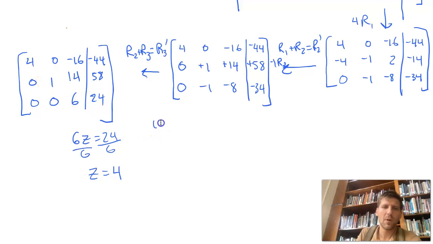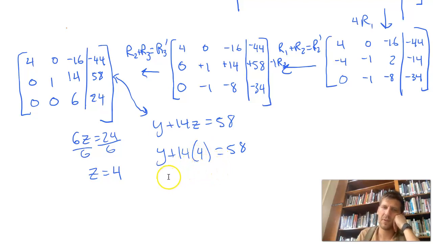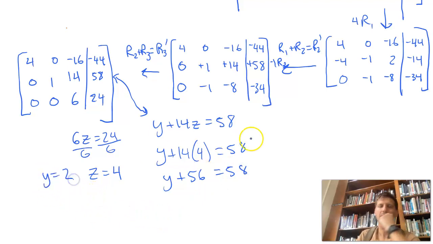Okay, so now we know y plus 14z is equal to 58 from this equation here. And we know that z is 4, so y plus 14 times 4 equals 58. What's 14 times 4? 40 plus 16, 56. Okay, so that means according to this, y is 2.